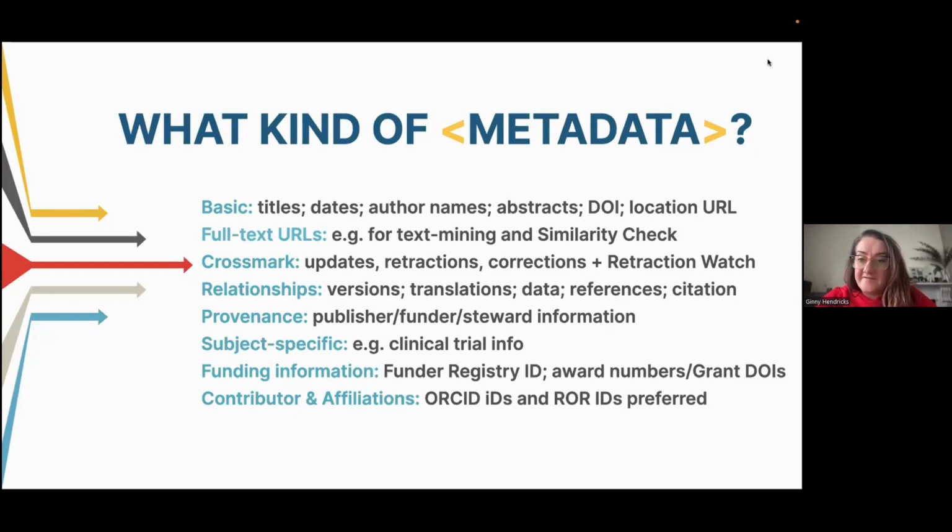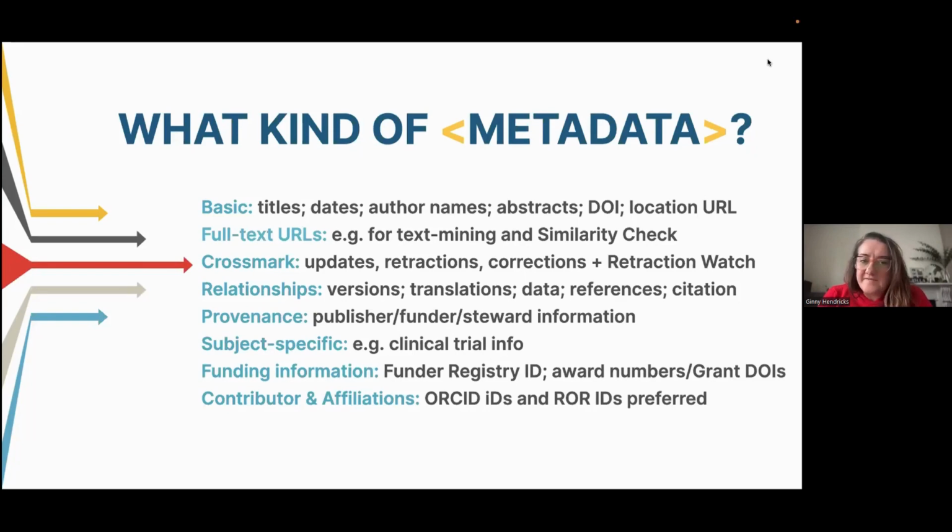Previously that information was paid for only, and you had to have a subscription to get access to these flagged articles through Retraction Watch. So we have an agreement with them now to open it up through Crossref, and plans to integrate it, as I said. I've mentioned quite a lot about relationships, but versions, translations, data, references, citation, those are all relationships between articles and other objects.